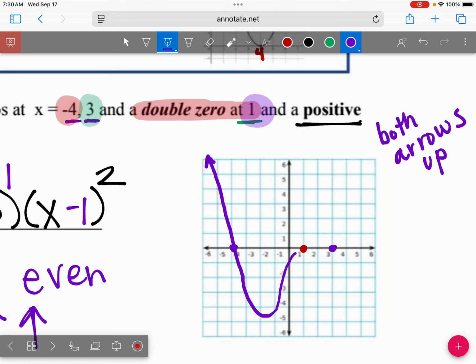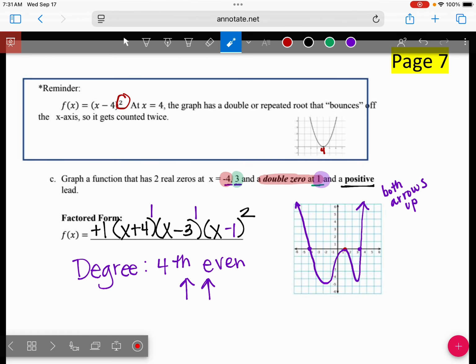It's going to come back up, bounce off the red. It doesn't go through. Makes a U-turn and then comes through at that last point. We're not concerned with how far we go down to make our U-turn because it's a sketch. It's not accurate. It's not going to be exactly right.